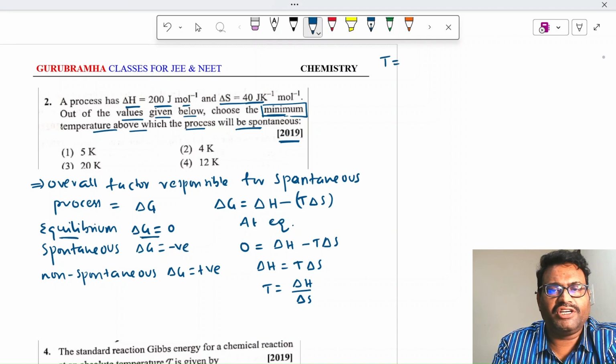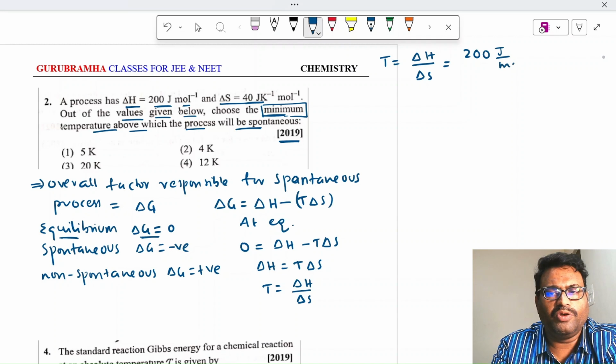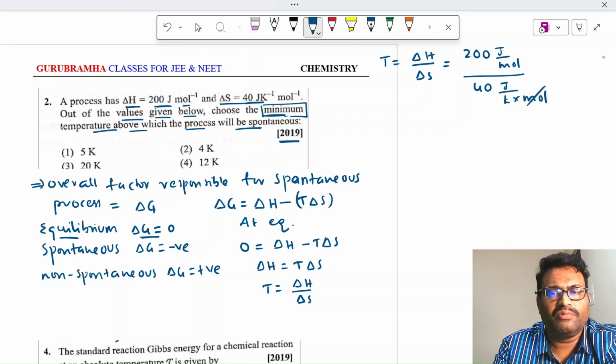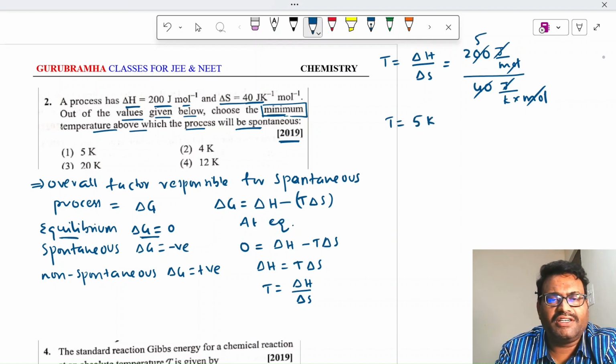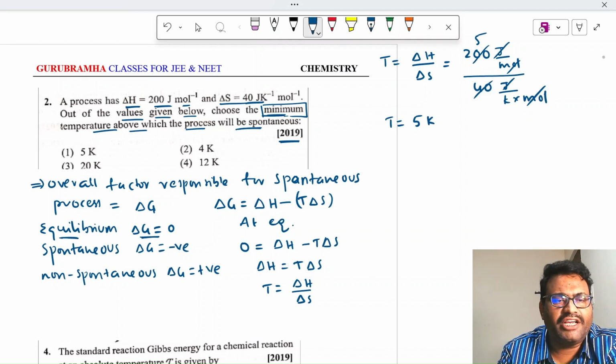T is equal to delta H by delta S, that is 200 joule per mole by 40 joule per Kelvin per mole. Mole, joule cancel, so it is 5. So temperature is equal to 5 Kelvin. This is the temperature at which the process is in equilibrium.